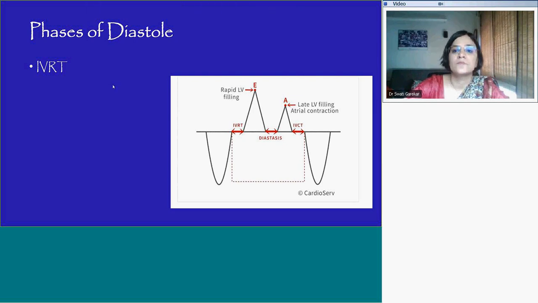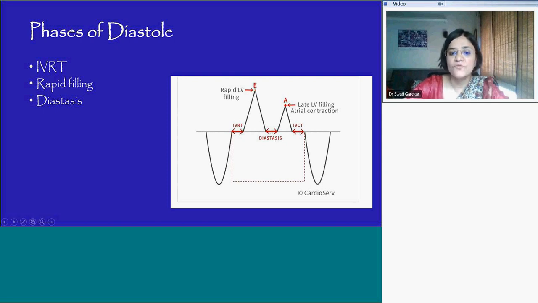So diastole has 4 phases. First is the IVRT, isovolumic relaxation time, beginning with closure of the aortic valve and ending with opening of the mitral valve. Then the rapid filling time. In diastasis, there is no pressure difference between the left atrium and the left ventricle.